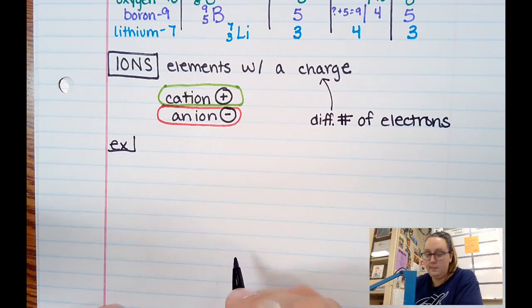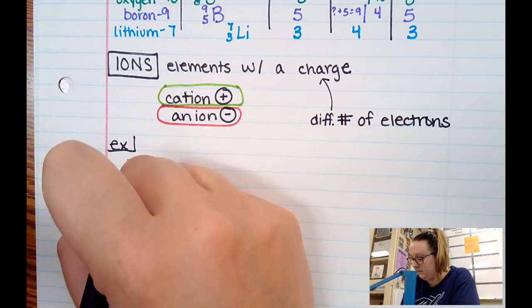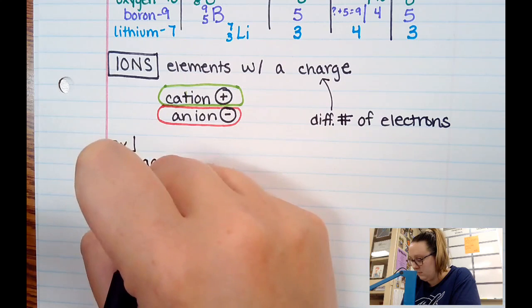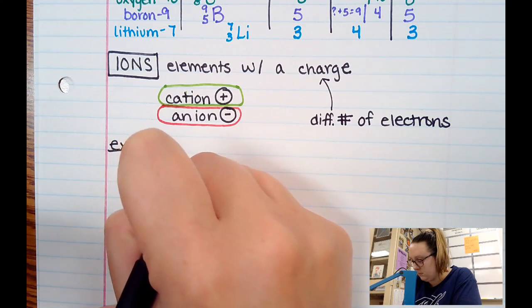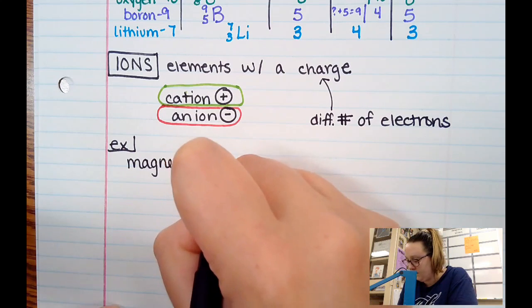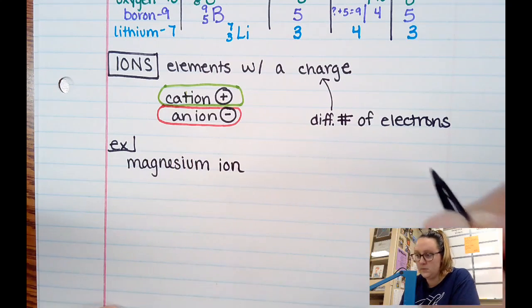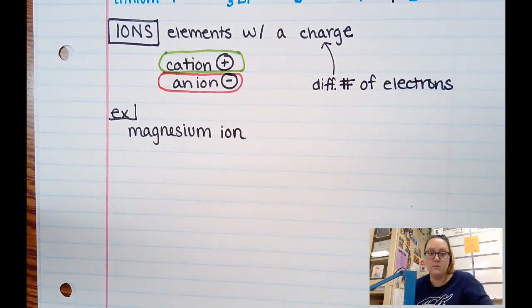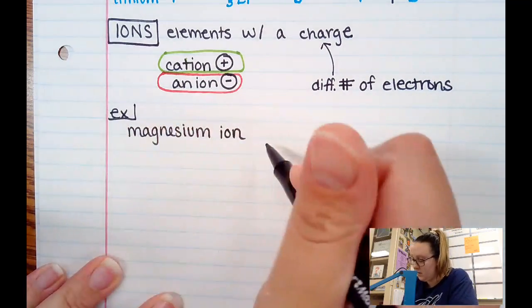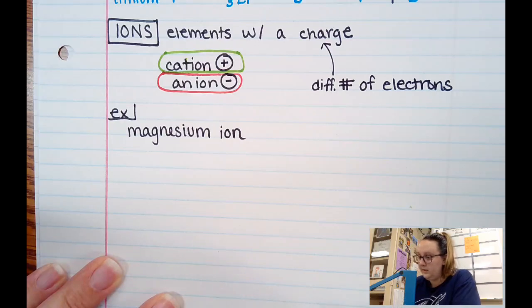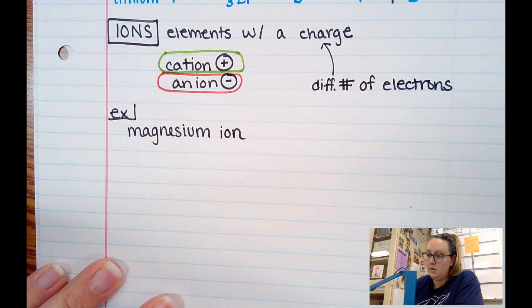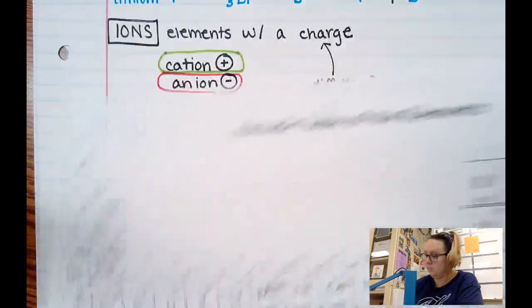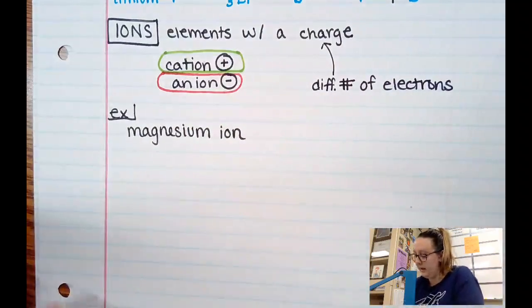If I look at magnesium ion, here is magnesium, located on your periodic table.